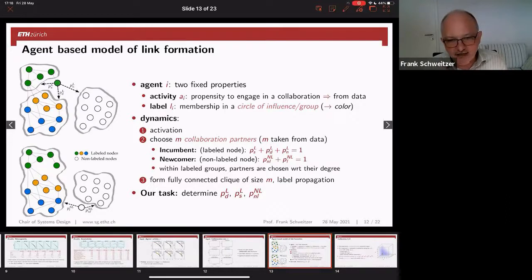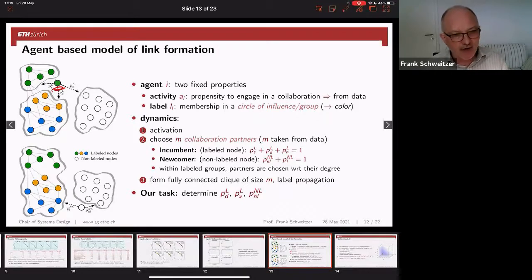We make a distinction between firms that are already established, that means they have a history in their collaboration, and newcomers. These are firms, newly founded startups. So a firm that has already had a collaboration before has from this collaboration a color. That's our label. You can think of something very abstract if you want.